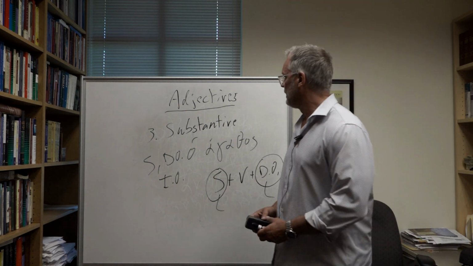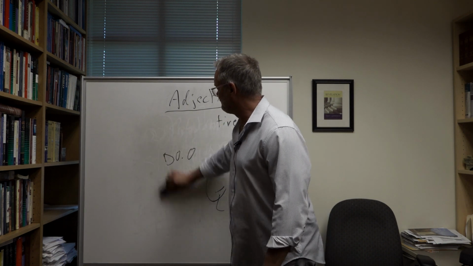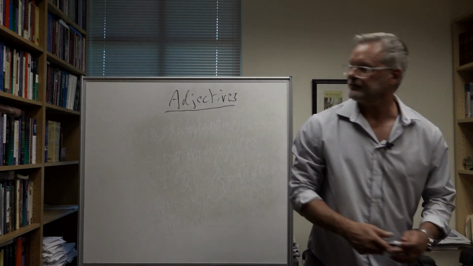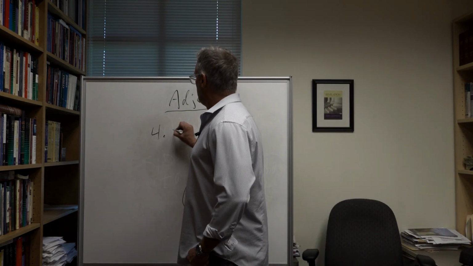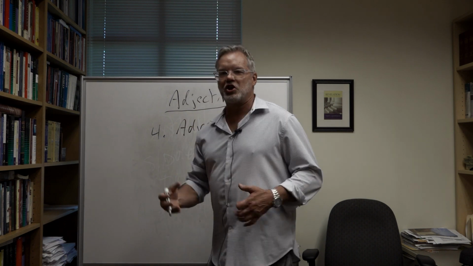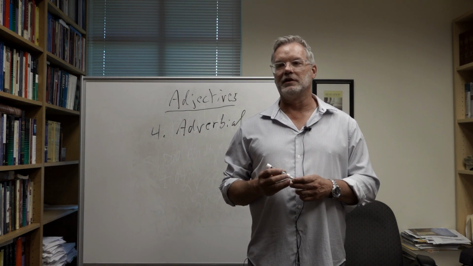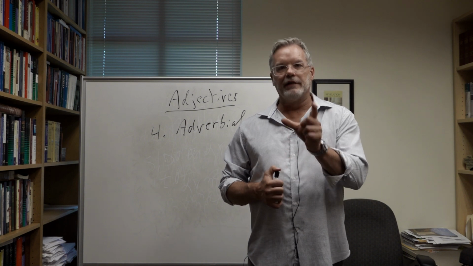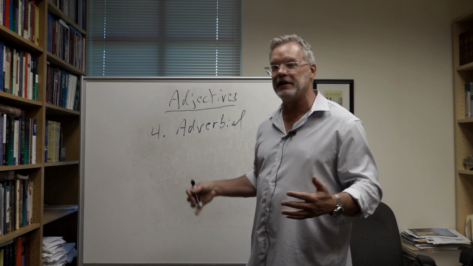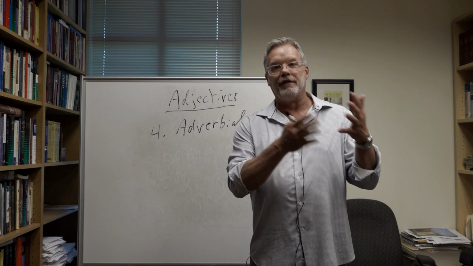A fourth function of the adjective, and the last one that we'll talk about, is probably not as common, but just to show you again how in Greek, and this is true in other languages as well, a given grammatical item can function in a variety of ways. So the adjective we've seen, it can function attributively to modify another noun.